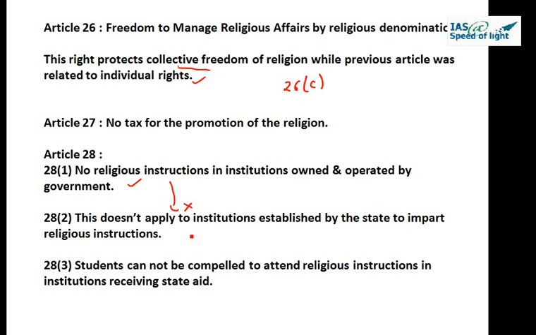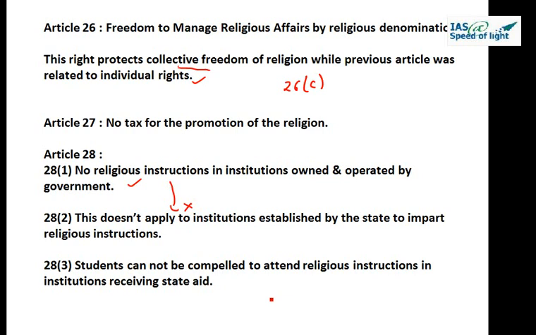It says, no person attending any educational institution recognized by the state or receiving aid out of state funds shall be required to take part in any religious instruction that may be imparted in such institution, or to attend any religious worship that may be conducted in such institutions or in any premises attached thereto, unless such person, or if such person is a minor, his guardian has given consent. So they are talking about a different set of institutions here, which are either recognized or receiving aid from the state.